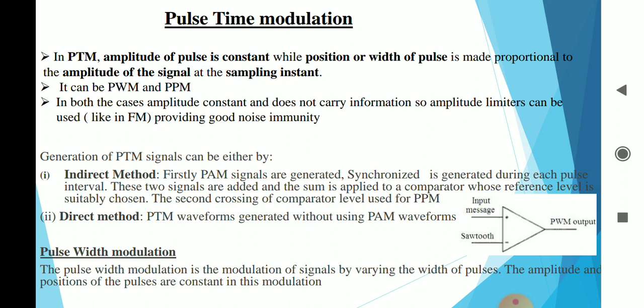As we know, in pulse modulation techniques, any one characteristic of a carrier wave or pulsated wave is varied in accordance with the instantaneous values of the message signal. In the previous case, we changed the characteristic called amplitude, and now we are going to see how the width or time duration of a pulse, that is the on time, is varied with respect to a message signal, which is called pulse duration modulation or pulse width modulation.